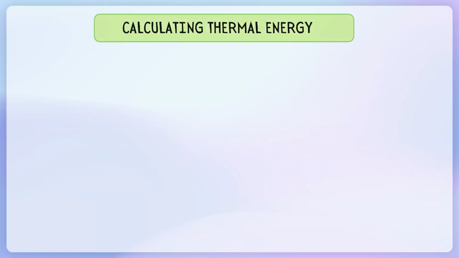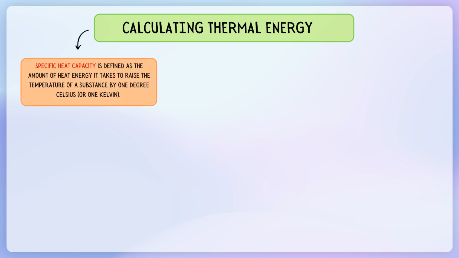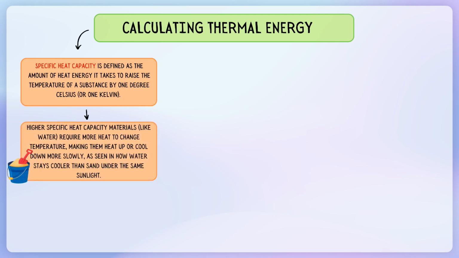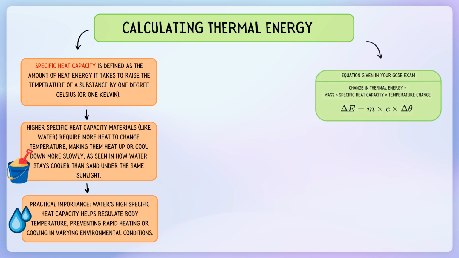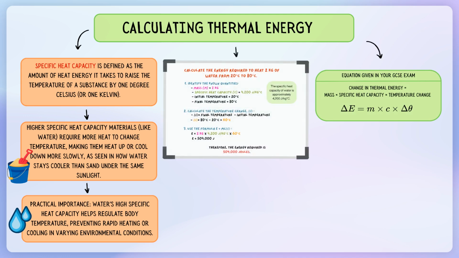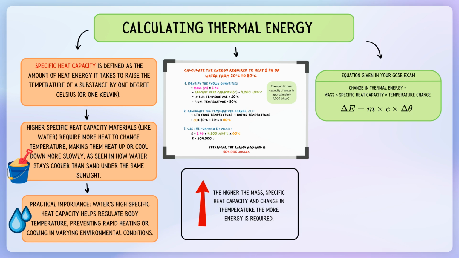In this lesson, we've covered the concept of specific heat capacity and how it relates to thermal energy, defining it as the amount of energy required to raise the temperature of 1 kilogram of a substance by 1 degree Celsius. Next, we introduced and discussed the equation E equals mcΔθ, which helps us calculate the energy needed to raise the temperature of a substance.